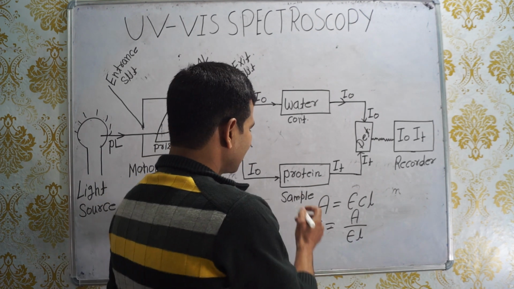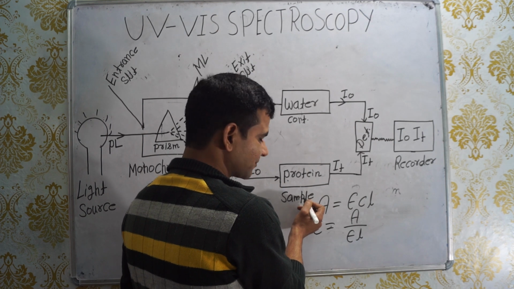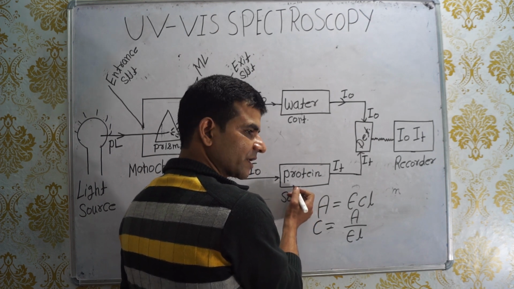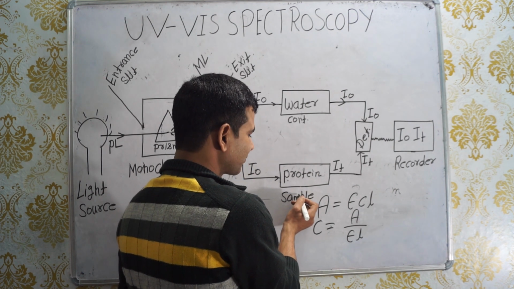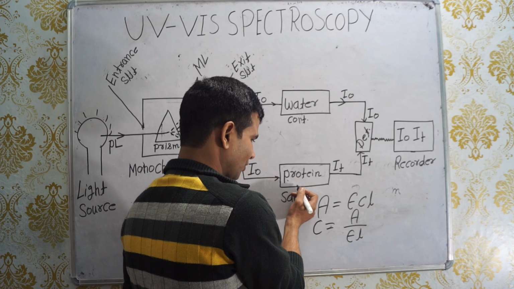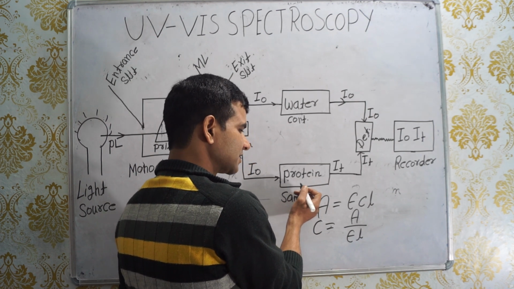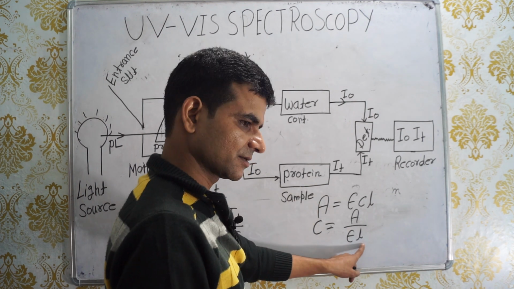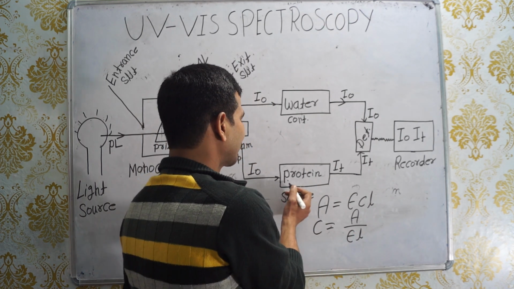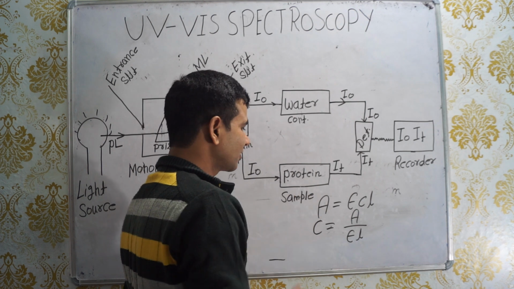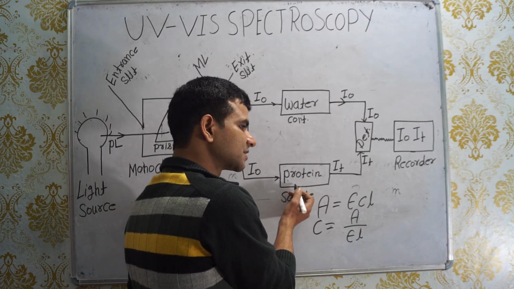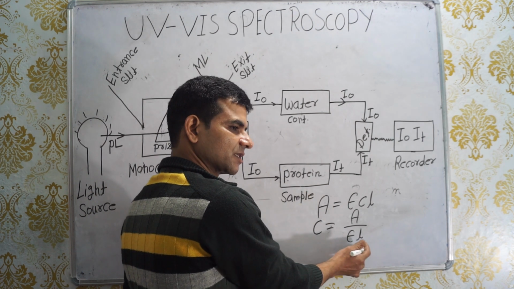Here the protein sample is kept in the cuvette in the sample chamber, and whatever would be the width of the cuvette, same would be the value of the path length. Again I am repeating, whatever would be the width of the cuvette, same would be the value of the path length.